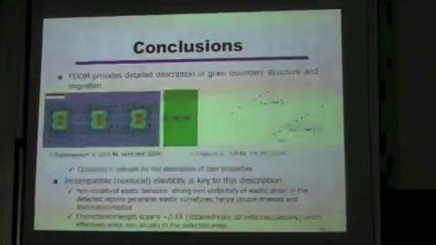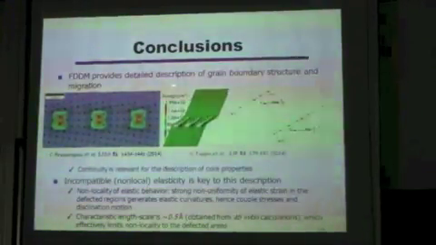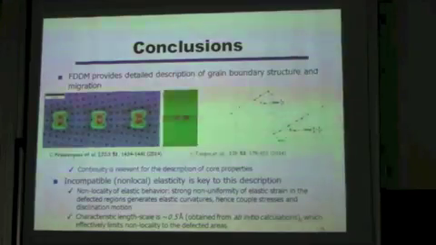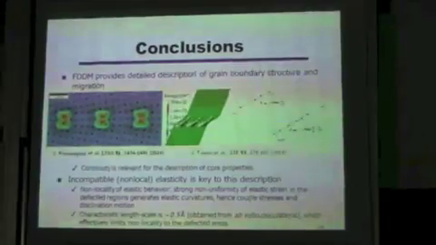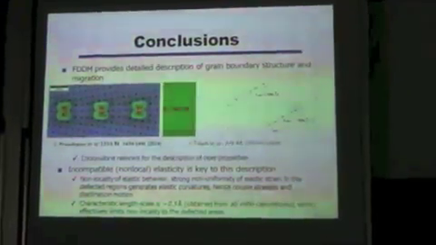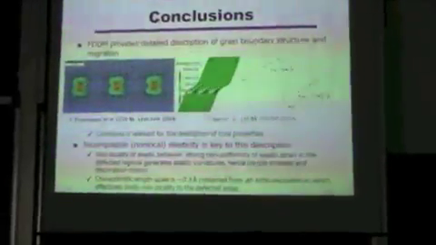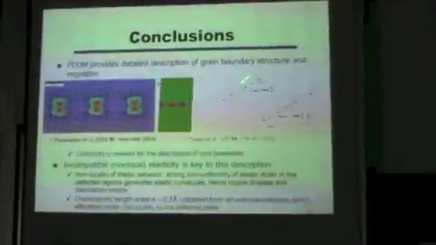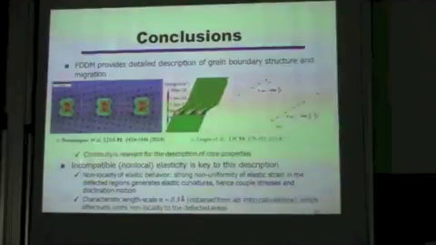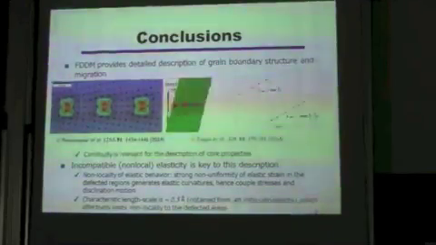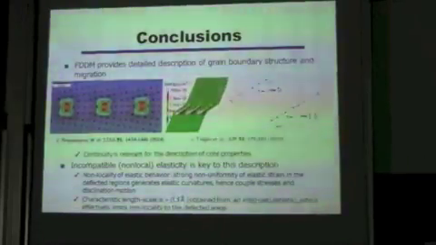Okay, conclusions. First, this theory is able to provide a detailed description of the grain boundary structure that results in elastostatics, and also in grain boundary migration, that is, even plasticity can be reproduced. We can have the results in a quantitative way, and we can see, due to these results, that continuity is actually relevant for the description of the core properties of the defects in the boundary.